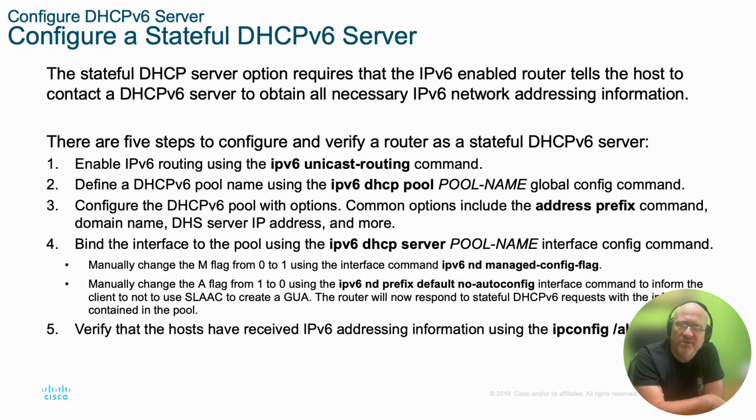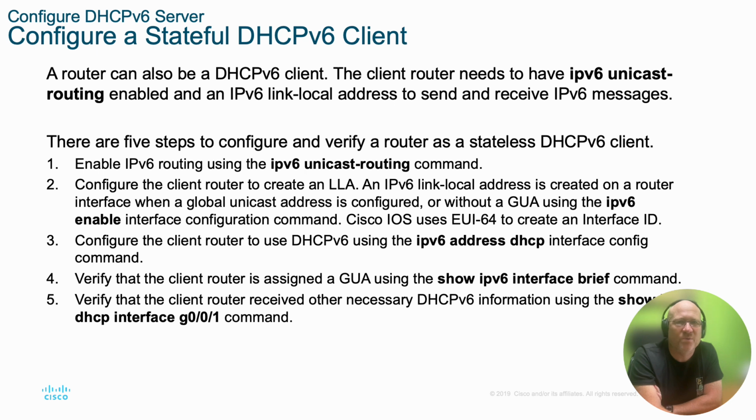If you don't bind the interface, it won't handle any DHCP for version 6, which means you could have some missed out interfaces, or you could have some IPv6 routing problems as well. To check that, all you've got to do is tell it that it's going to use IPv6 address DHCP.